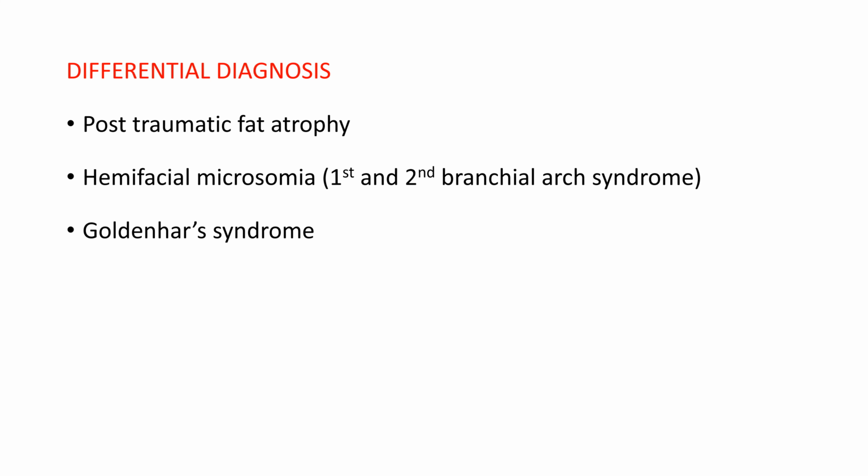So what are the differential diagnoses of facial hemiatrophy? First is post-traumatic fat atrophy, hemifacial microsomia, otherwise known as first and second branchial arch or pharyngeal arch syndrome, and golden hair syndrome. These are the differential diagnoses of facial hemiatrophy.